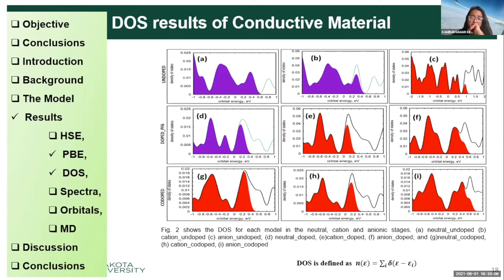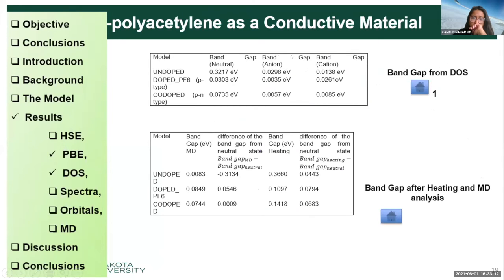If we look at the table, that one is the cationic state, and this one is NRE. So if we look at the band gap of the doped model, it also shows a smaller band gap.